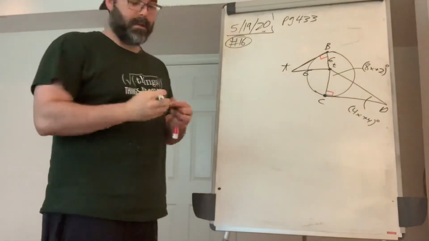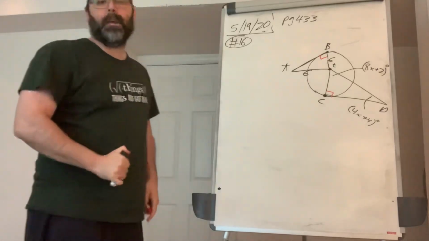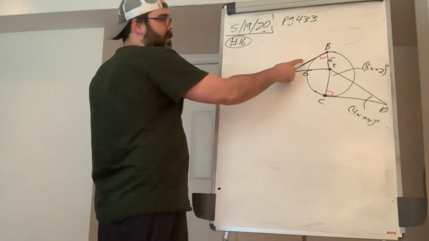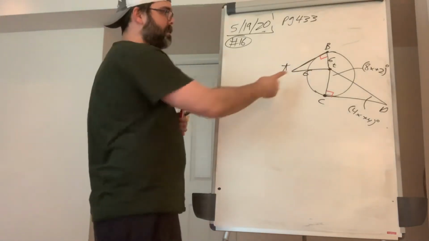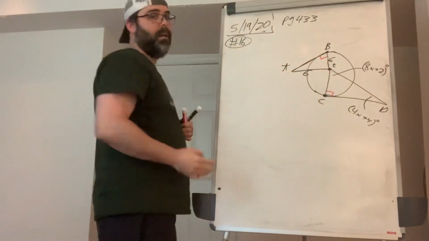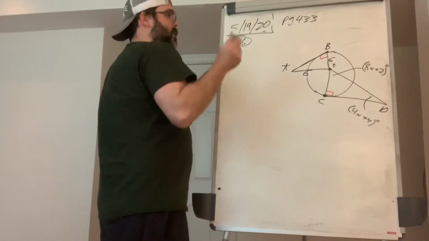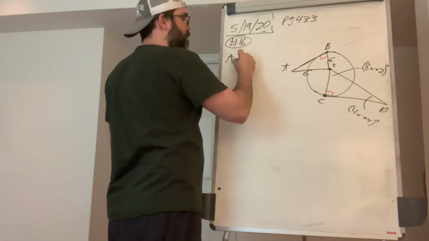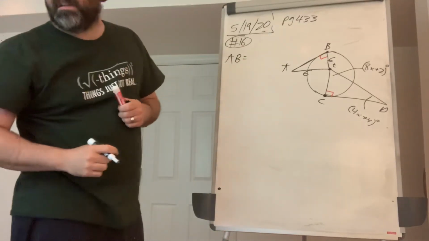The first thing you need to know is that these are 90. If these are 90, then we can use the Pythagorean Theorem to find this missing side. This missing side is not the hypotenuse, even though it looks like it, the way I drew this. This is the hypotenuse. So we're looking for AB, and we're also looking for angle TDC.